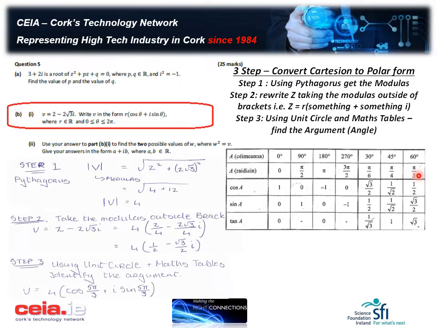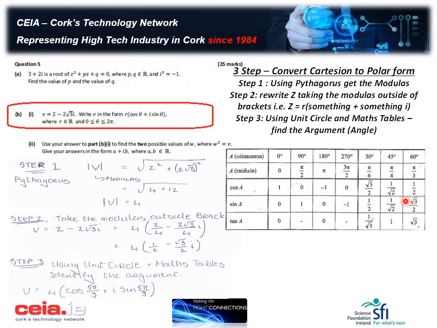And 2 pi minus pi over 3 is equal to 5 pi over 3 radians. And that's the answer. Go back to our earlier exercises on the unit circle, and it'll help you remember how to do this if you're not too sure. But you kind of have to visualize it in your head.